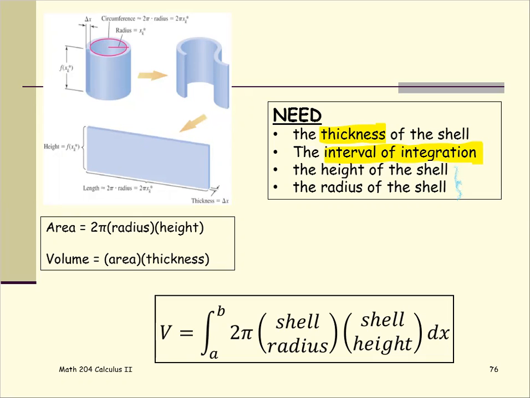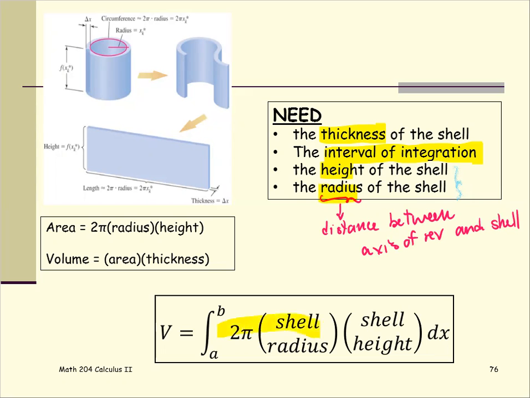Again, the radius of the shell you find by measuring the distance from the axis of revolution to the shell. After you get these four pieces, you put them all together to set up the volume in integration form.